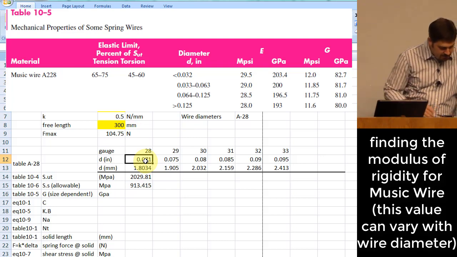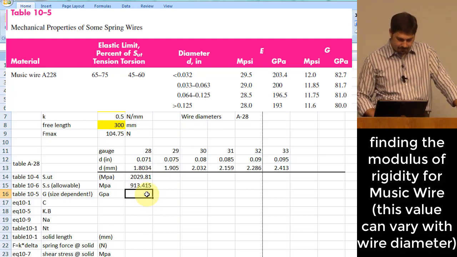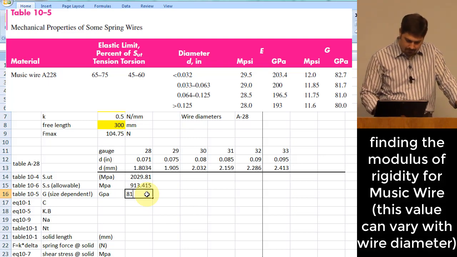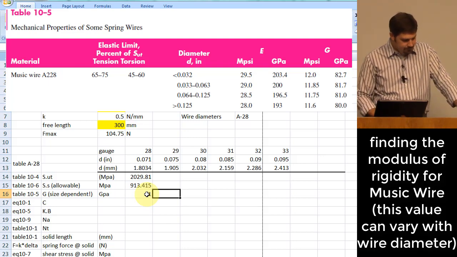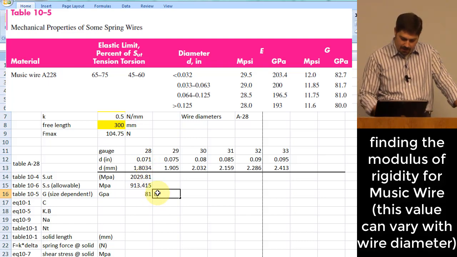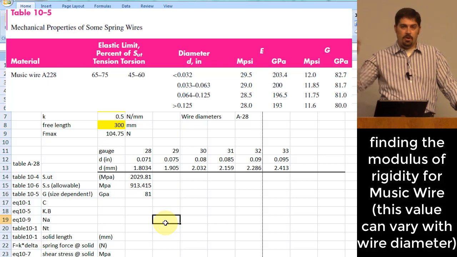And I'm looking specifically at G in gigapascals. Okay, so that would be 81. All right, and for any of these other sizes, I'll go ahead and say we'll keep using 81. I'll deal with those later, but I'll just make the note right now that this is 81 all the way across the table.